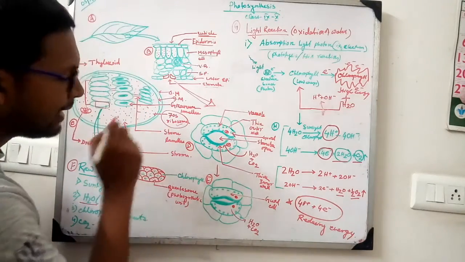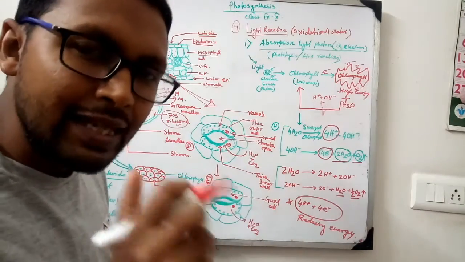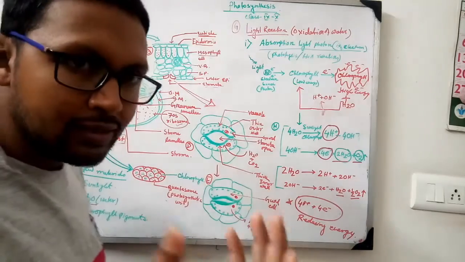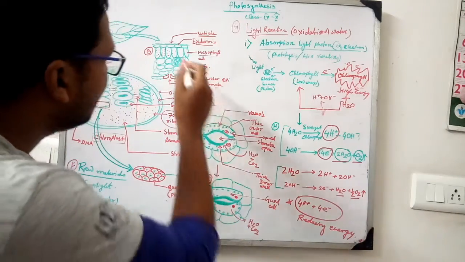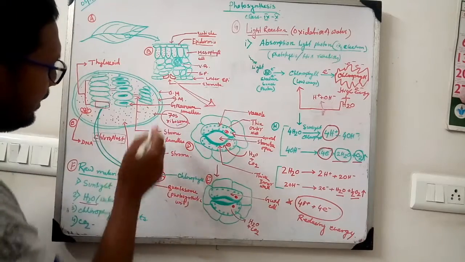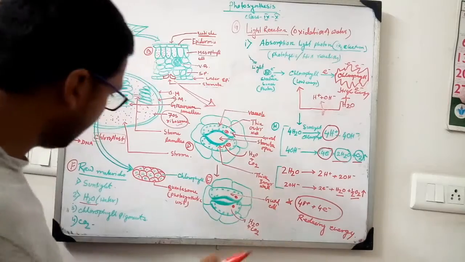So it contains the ribosome and its own DNA as well. So it is a semi-autonomous organelle, 50% dependent on the cell's nucleus. However, it is not the matter of consideration in this case.